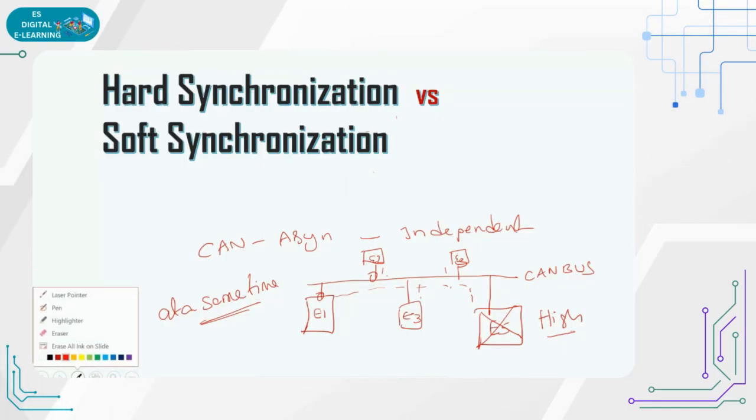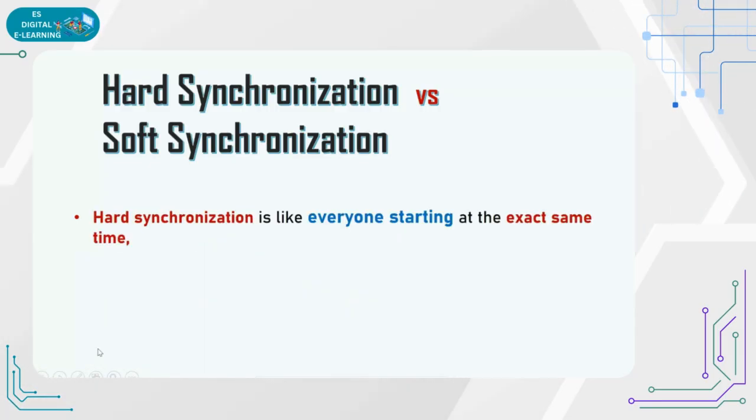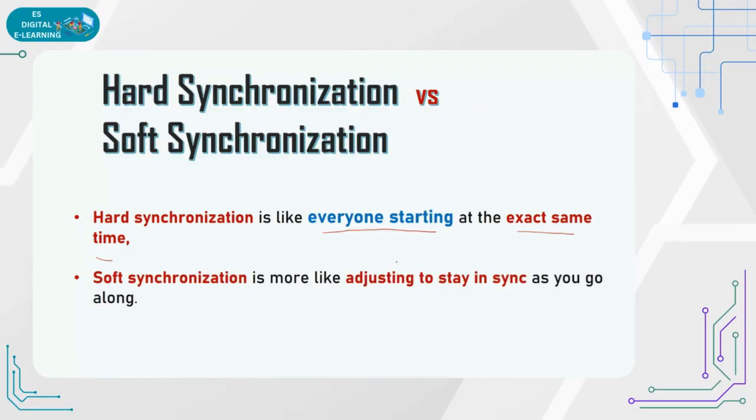For transferring data from master to slave end, hard synchronization is everyone starting at the exact same time. Write this small point down for better understanding. Soft synchronization is adjusting to stay in sync as you go along, a kind of adjustment.